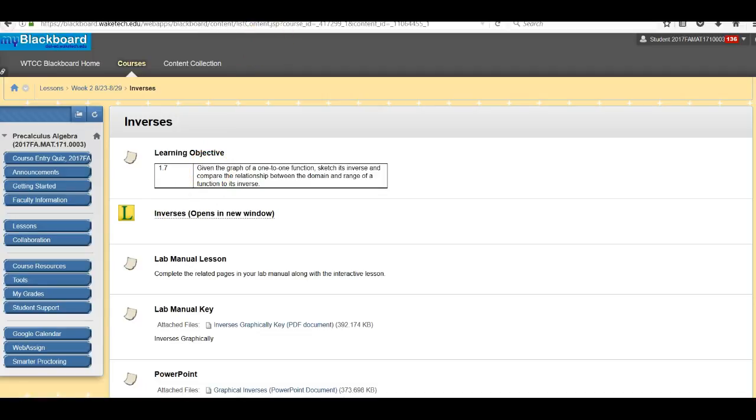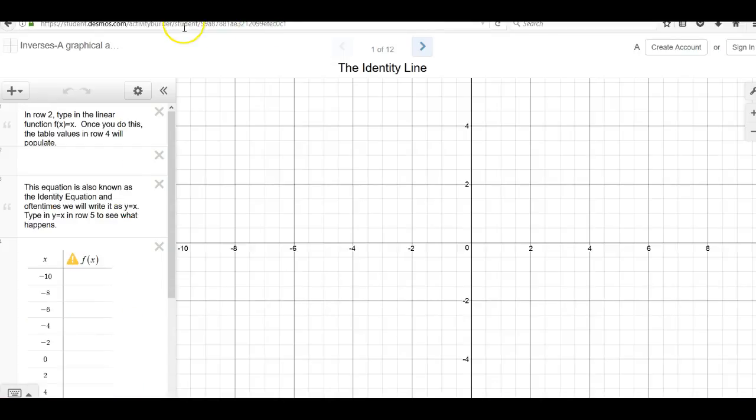So inverse functions, the first thing I want you to know about inverse functions is they're not a type of function like a quadratic or an exponential or a logarithm. An inverse function is a broader concept. A function like an exponential function has an inverse function, which is the logarithm function.